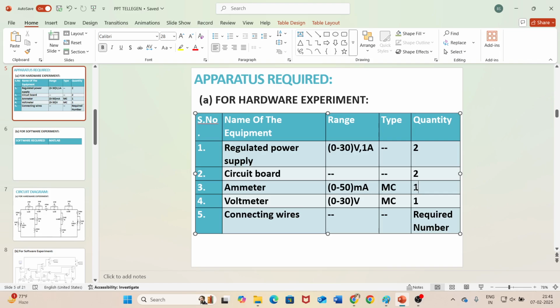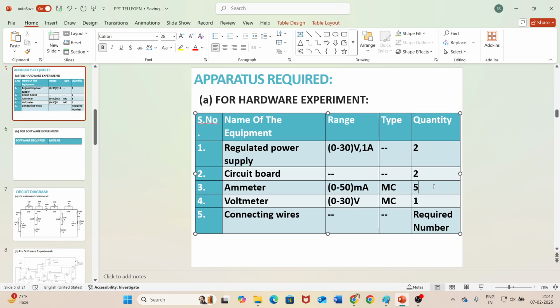The number of ammeters that you require depends on the circuit that I have considered. I have written approximately 1 here, but actually you require more than 4, it is 5. I will show you the circuit in the next slide.